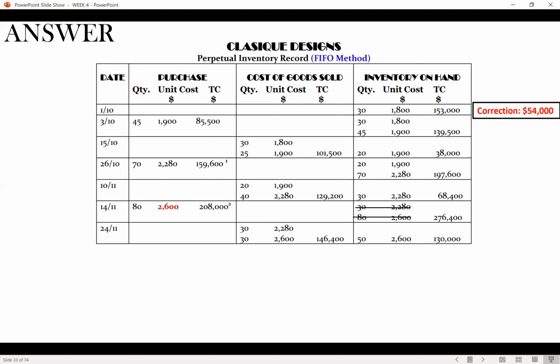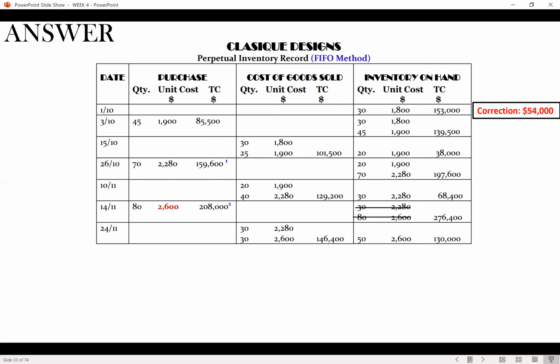You'd be overstating your inventory and your assets. So we need to correct the system to say we have 42 pairs of shoes and not 50. How do we go about that? We have to correct it on the perpetual inventory record system.